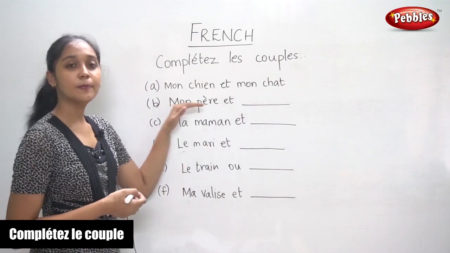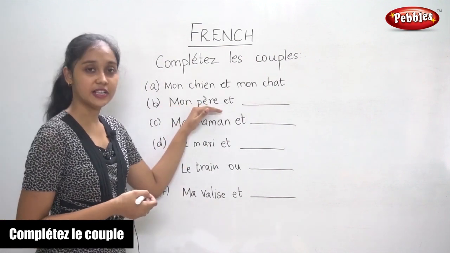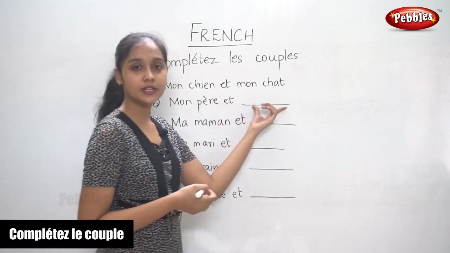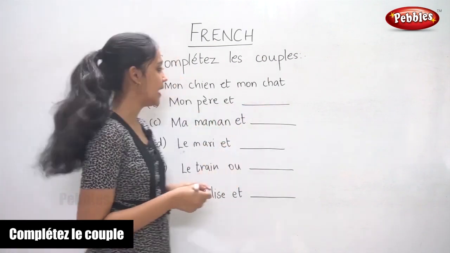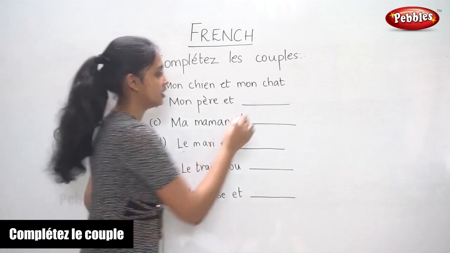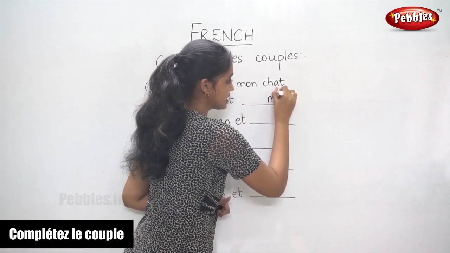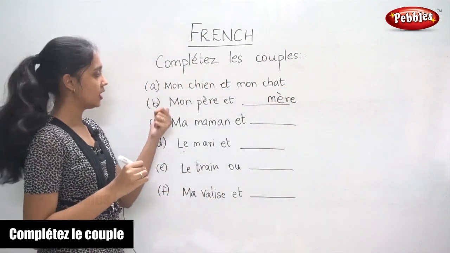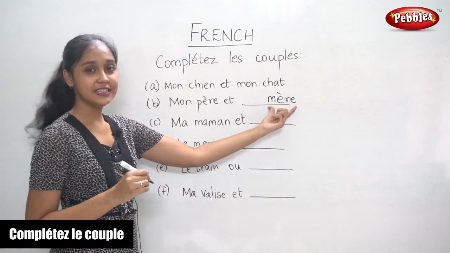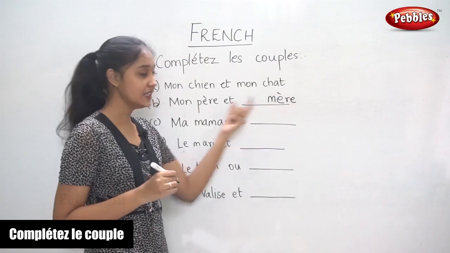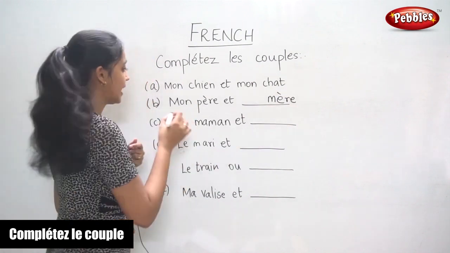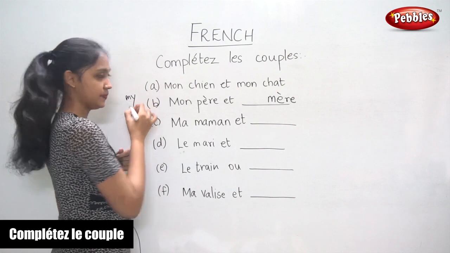Now, mon père, my father. So, what would be the word to complete this? My mother. Now, we know the noun for mother is mère, and here the noun is feminine, and we want to say my mother.